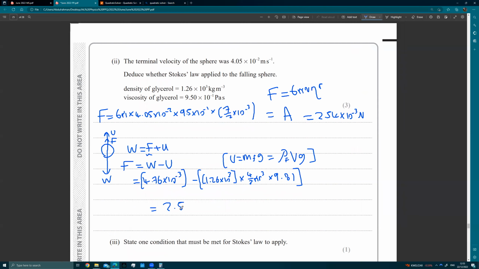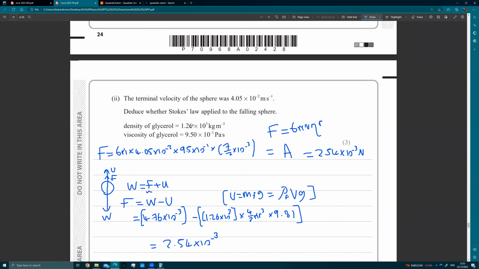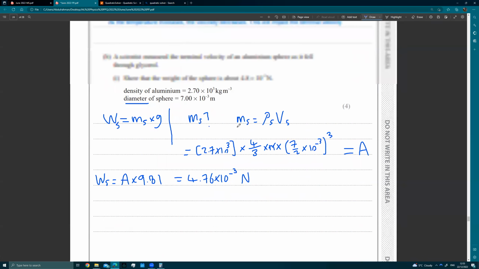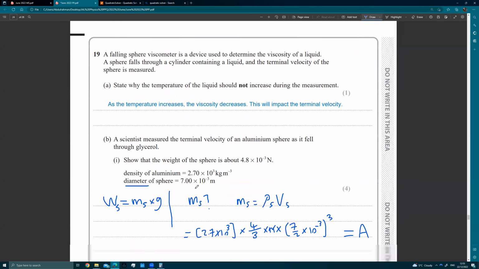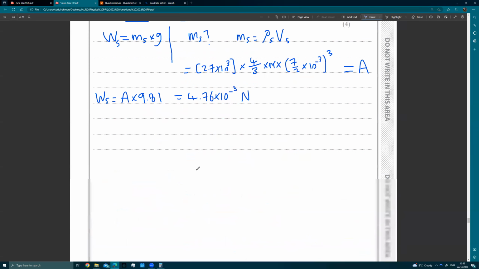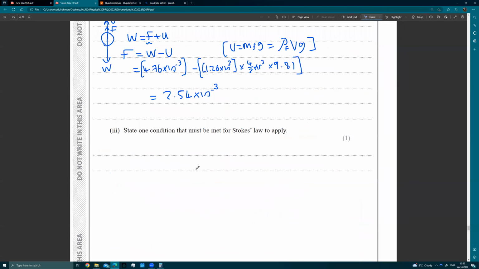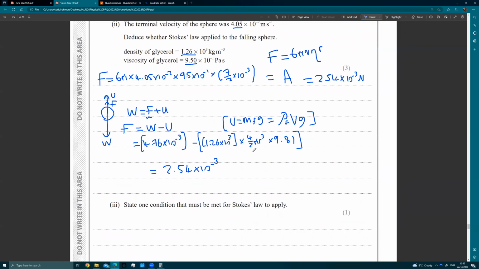The reason they're given the answers in 3 significant figures, which is what you have to do, is because everything in the question was also given to 3 significant figures, right? So clearly they match, so therefore it can be applied. Stokes' law is valid.